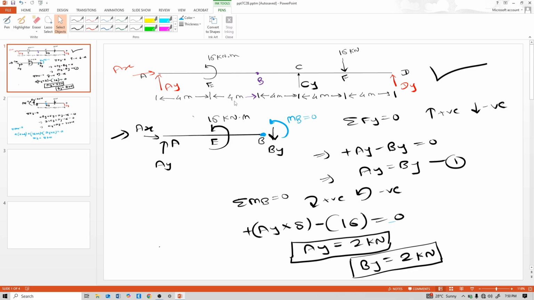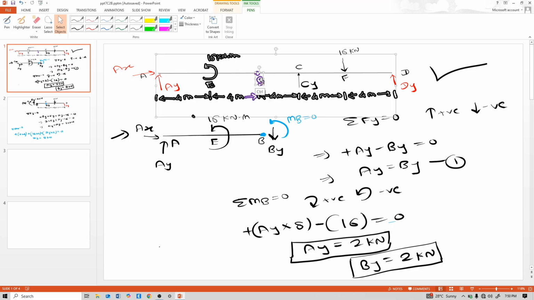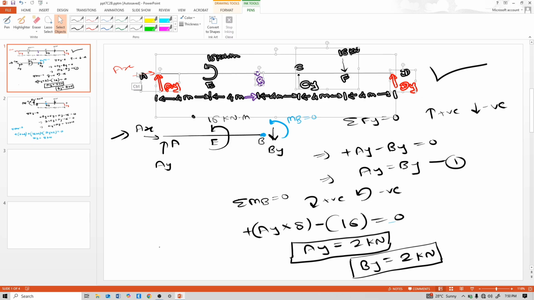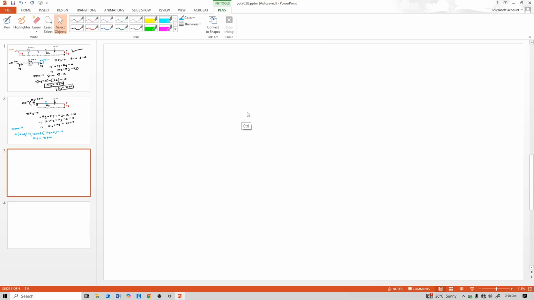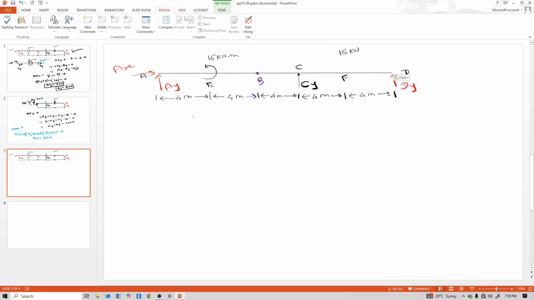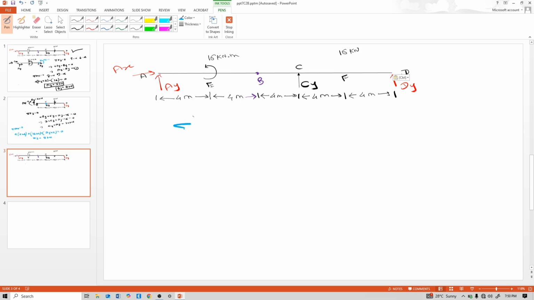Now calculate this CY. Consider the full beam, summation of forces in y direction equal to 0. AY is 2 kN, CY is unknown and DY is 9 kilonewton.